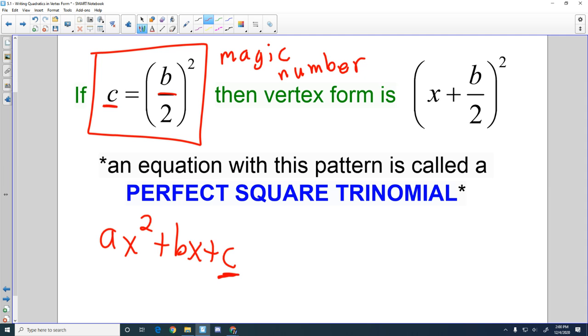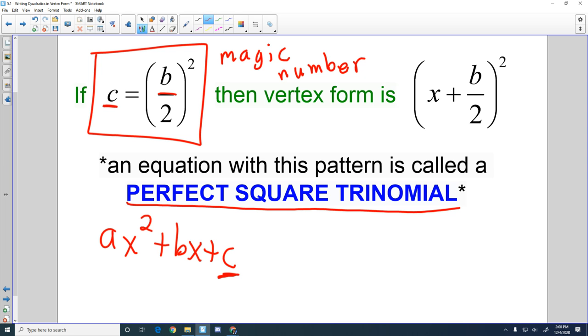Like 10 divided by 2 is 5, or negative 5, and then squared is 25. If it meets that pattern, then we have what's called a perfect square trinomial. I want you to write that phrase down, a perfect square trinomial, because that's our goal. If a quadratic is a perfect square trinomial, then it meets this special pattern where C, the constant, is half of b squared.